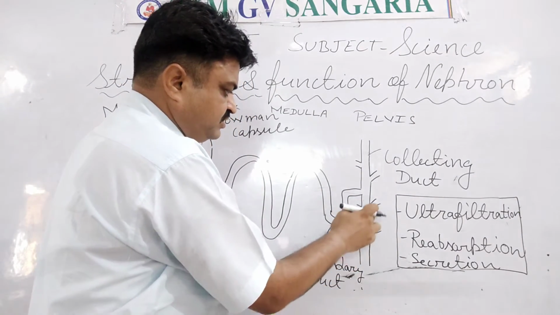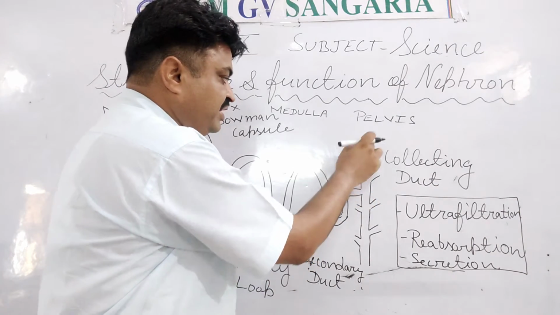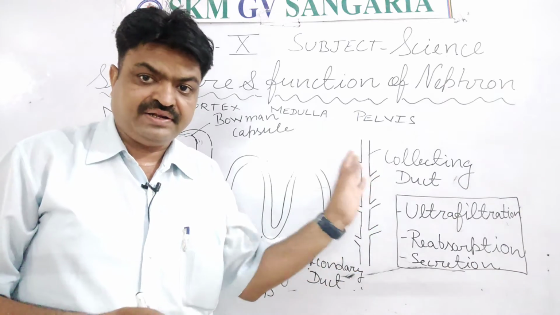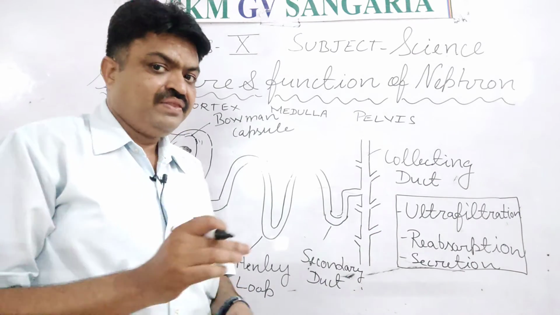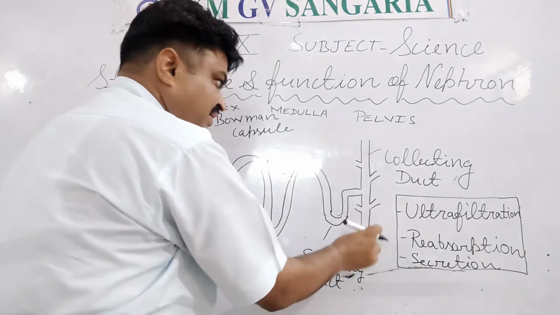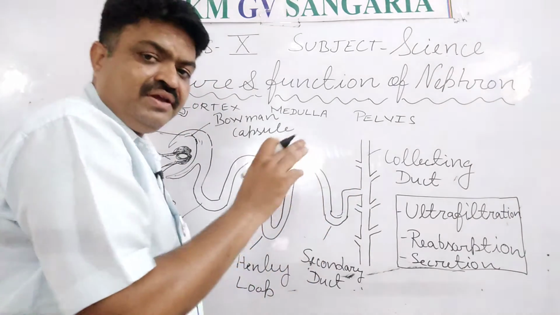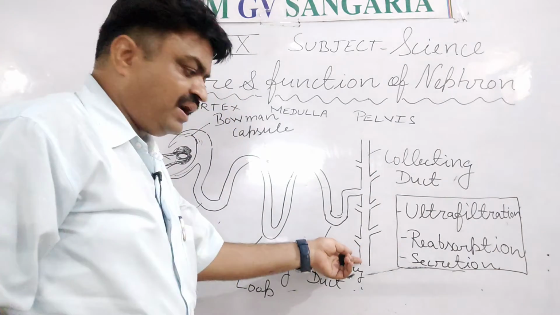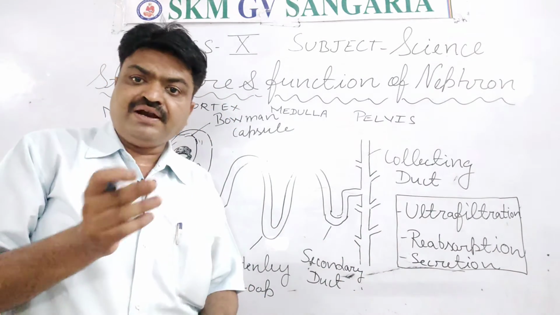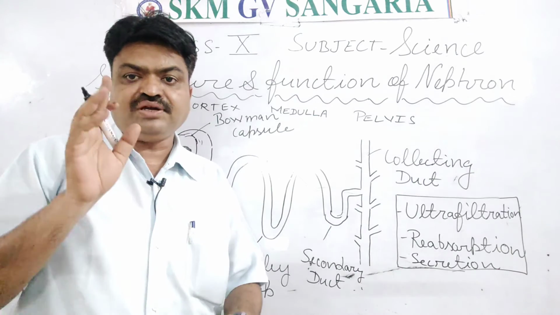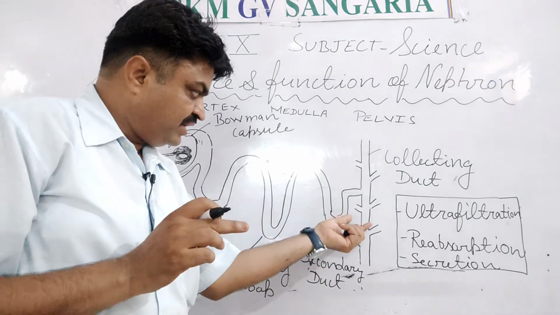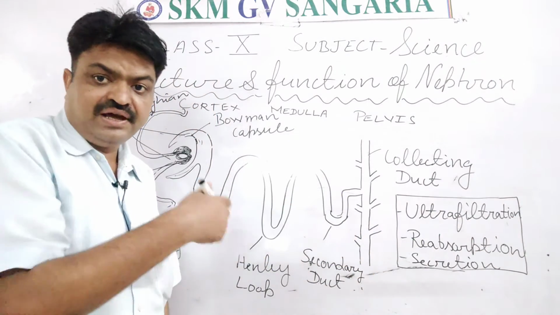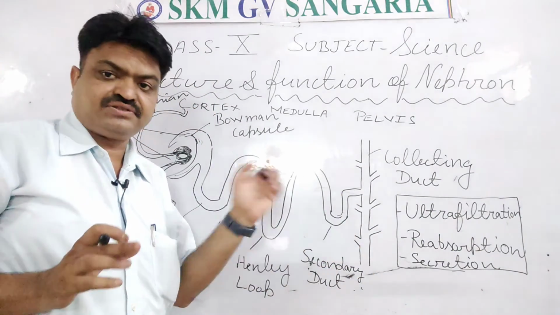That's why this tube-like structure is known as the collecting duct, because the urine is collected in the collecting duct, and this urine is passed via the collecting duct to the pelvis, and from the pelvis it is passed to the ureter. That's why it is known as the collecting duct, because many nephrons are attached with this duct, student.